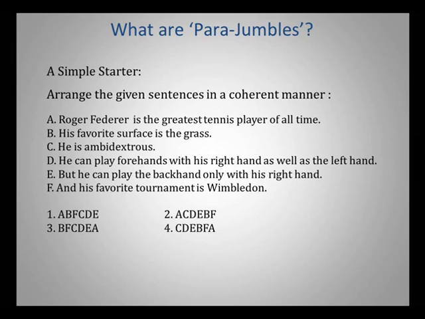That is why the paragraph has to definitely begin with A. Other choices like the 3rd and 4th choice will definitely need to be eliminated because a paragraph will always introduce a person first. Only after that you will talk about pronouns like he or his. So this is the first and very basic approach of arranging sentences in parajumbles.